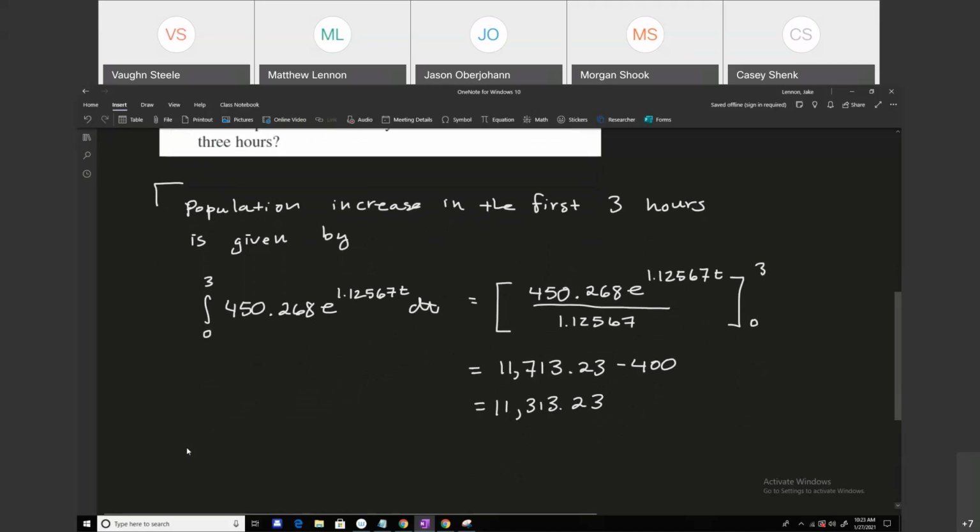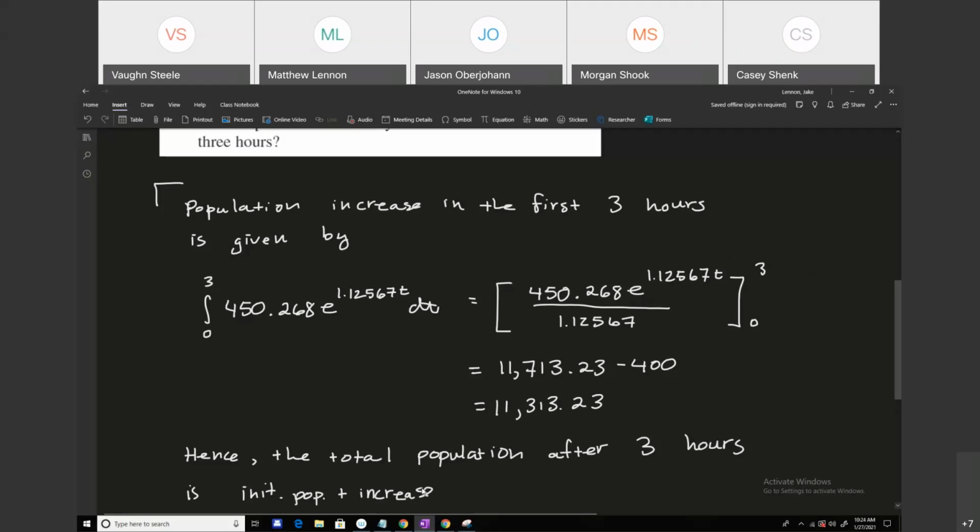So hence the total population after 3 hours is the initial population plus the increase, right, which was we're just adding the 400 back in because that was the initial population.